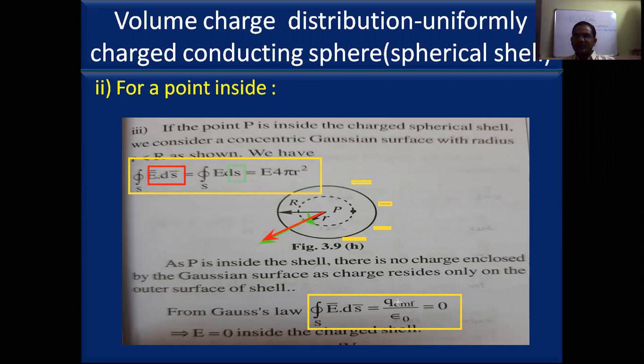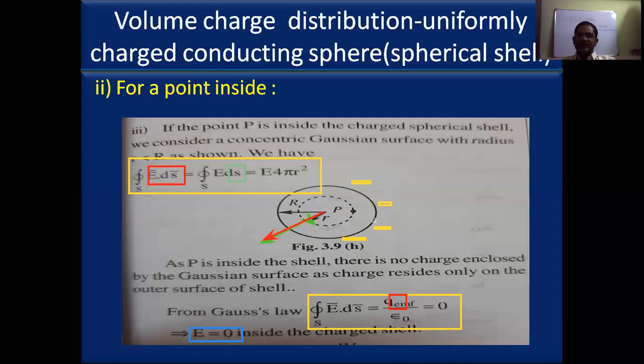This is not EMF; the net charge Q equals 0. So this value equals 0. Then the surface integral of E bar dot ds bar equals 0. Therefore, the electric field strength E equals 0.